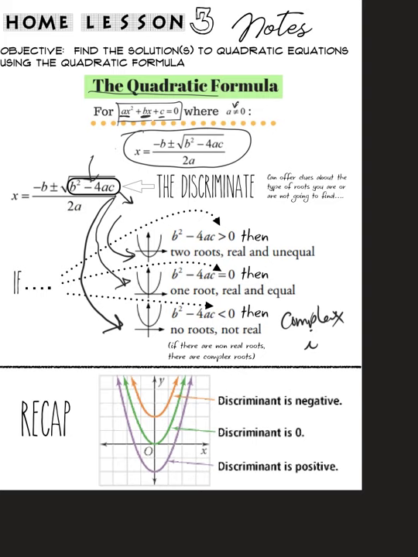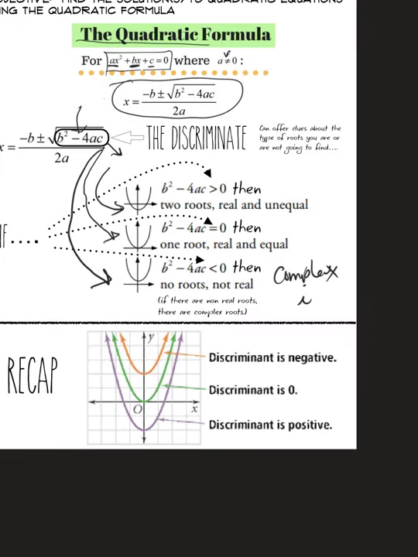It's kind of interesting. And just so you can see this visually in a graph, if the discriminant was a negative number, that was the third option here, and it was graphed, it would look something like this. It wouldn't be touching the x-axis. If the discriminant is 0, that was our second example, that would look like our green graph, where the vertex of my parabola just touches the x-axis once.